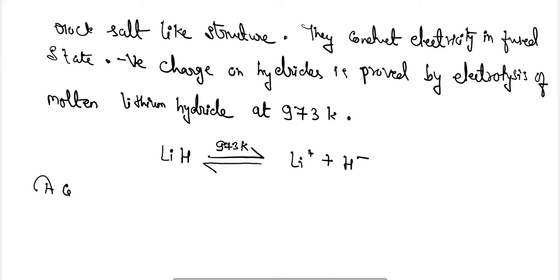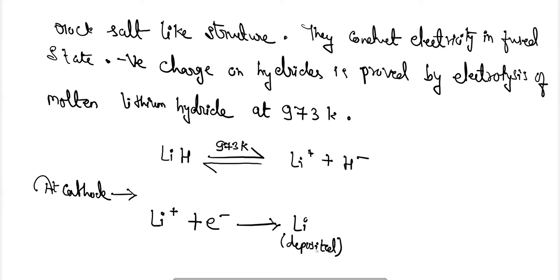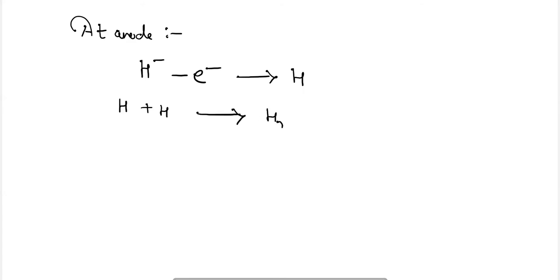At the cathode for this electrolysis, lithium will accept one electron to form lithium that is deposited at the cathode. At the anode, the hydride will release one electron to form hydrogen, and two hydrogen atoms will combine with each other to be released as hydrogen gas.